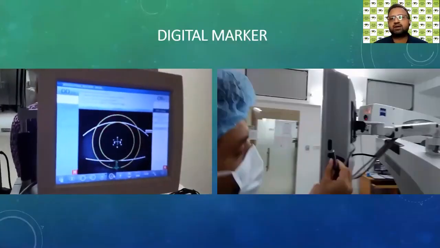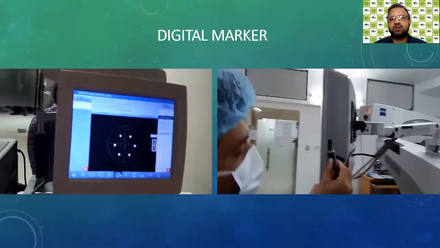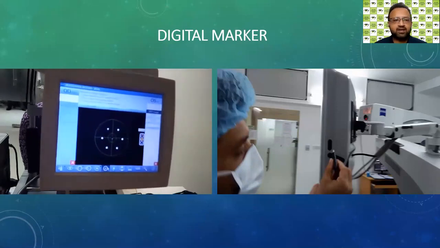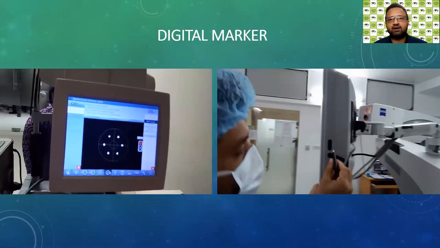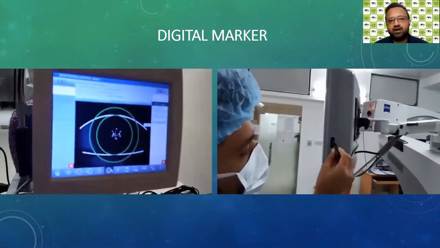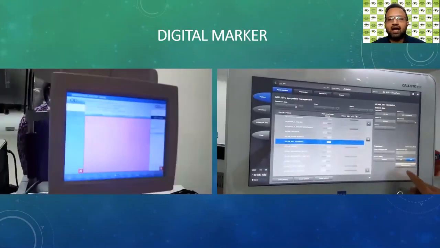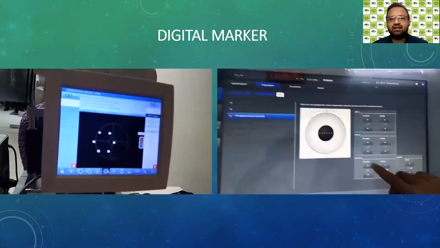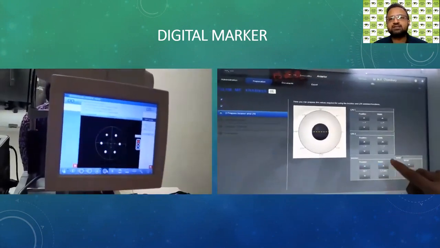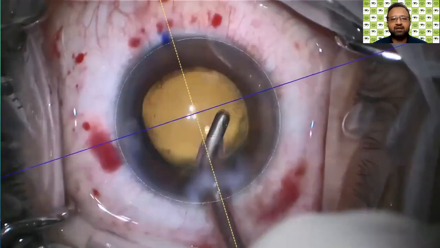And nowadays, life has become easier because of digital markers like Verion and Callisto. What it does is the pre-operative capture, and after that, we take it to the OR and set it up with the machine. Here we are showing the Callisto machine, and the machine gives us the axis of alignment. Look at the picture.